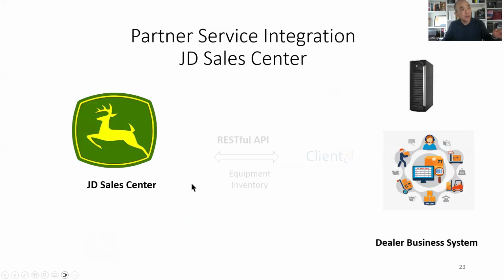We just used LightWave Client to exchange information with John Deere, say, here's our daily inventory, here's what's happening, and so forth. If you are not using LightWave Client, you have to write your own thing, it becomes a lot more inefficient, and a lot more difficult to make it happen. So that's an example of B2B, talking to a partner.